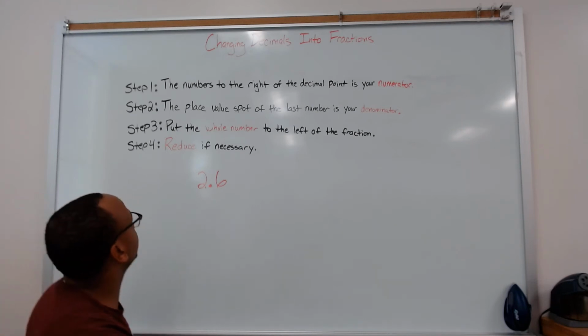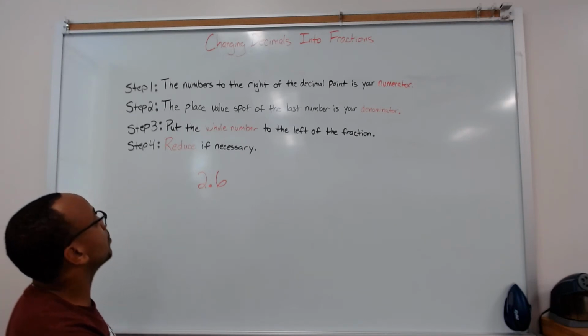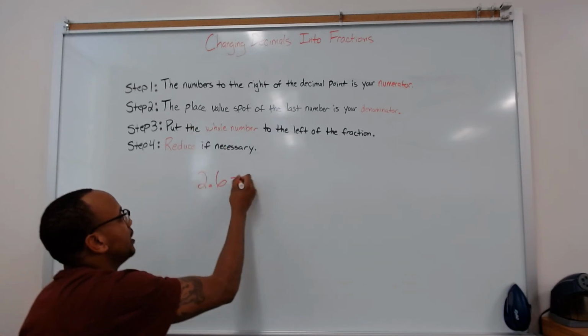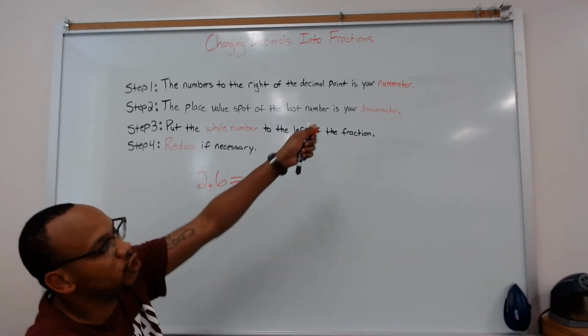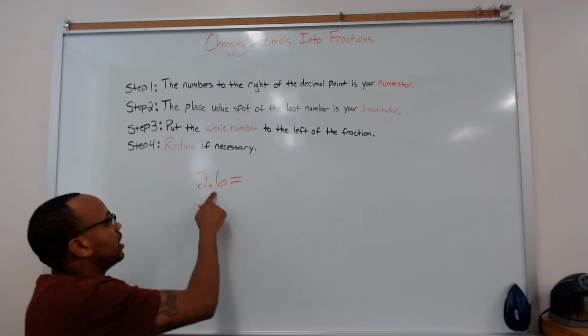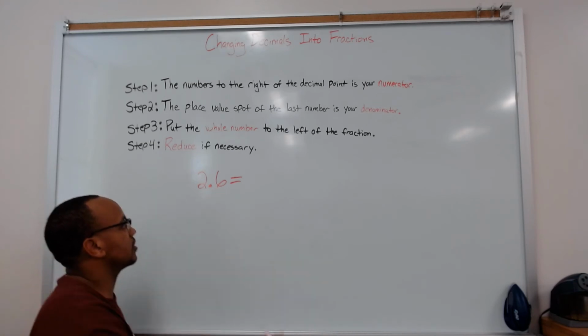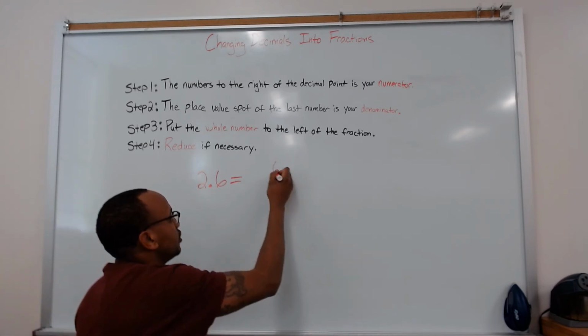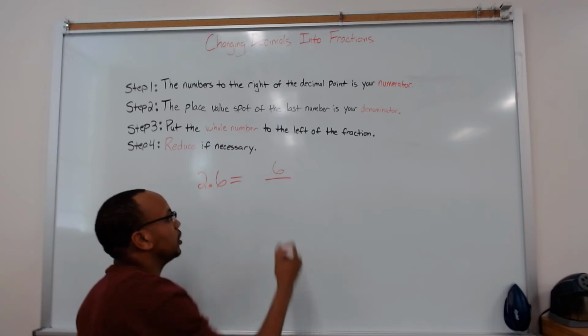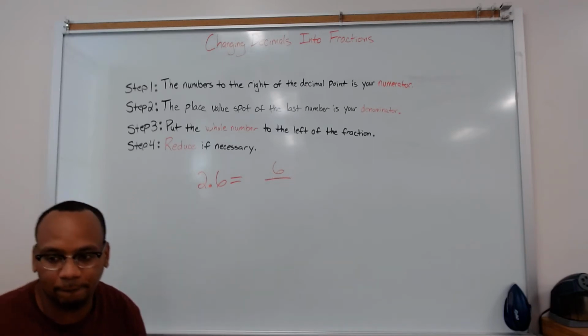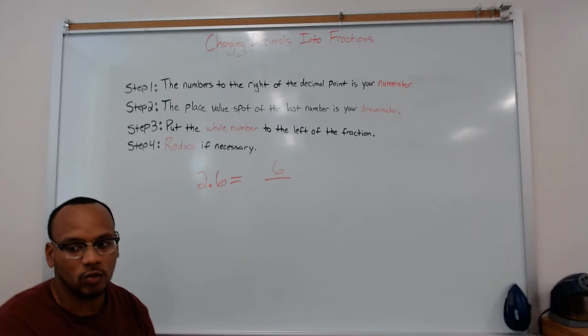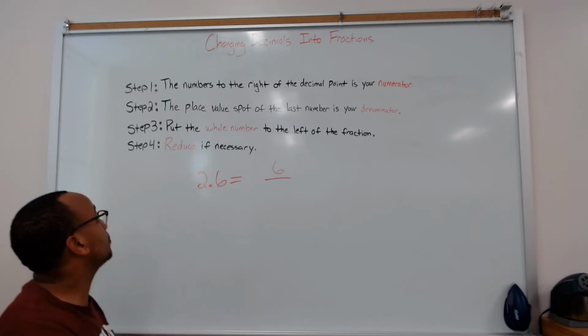Well, step one says the numbers to the right of the decimal point are your numerator. What's to the right of the decimal point? The 6. That means the 6 is your numerator. The numerator is the top part of the fraction. Now, step two.